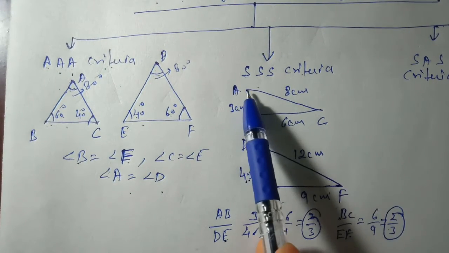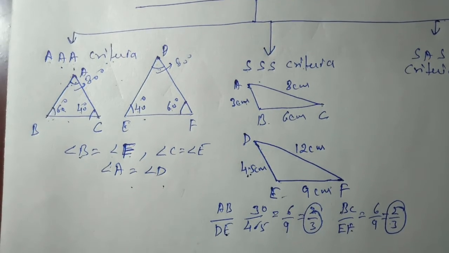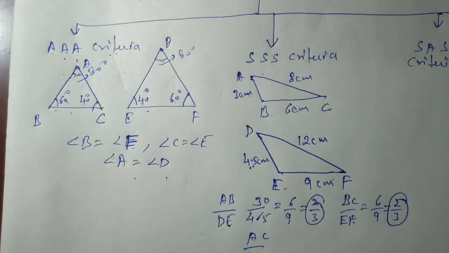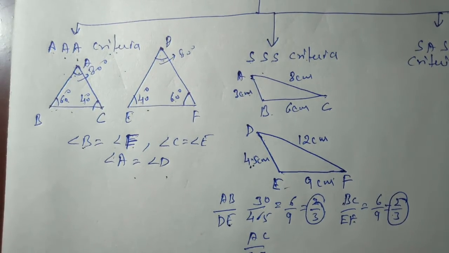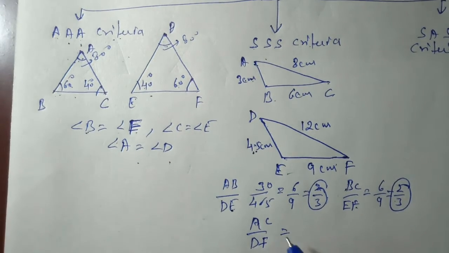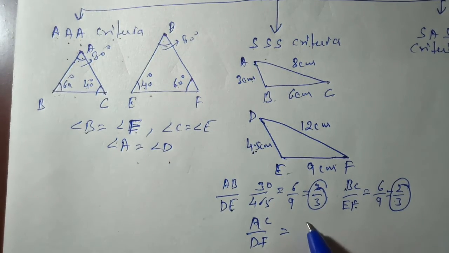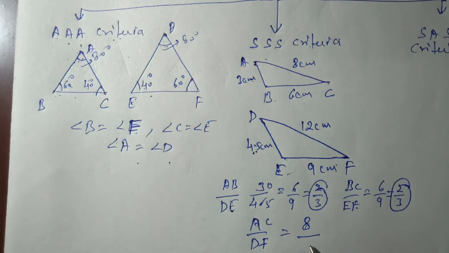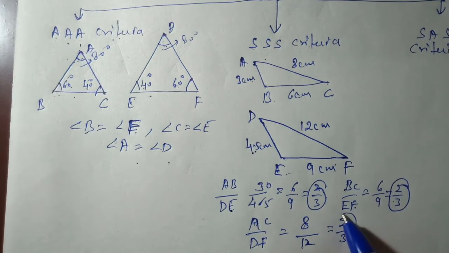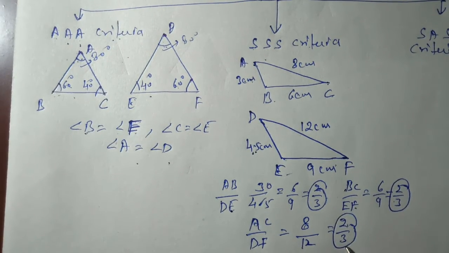Come to the third side, AC upon DF. AC upon DF is equal to 8 upon 12. So 4 twos are 8 and 4 threes are 12. So this is also equal to 2 upon 3.